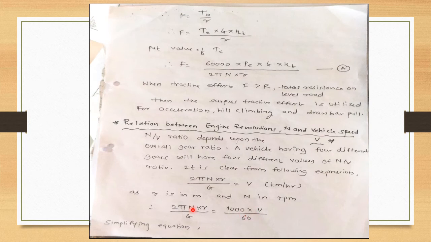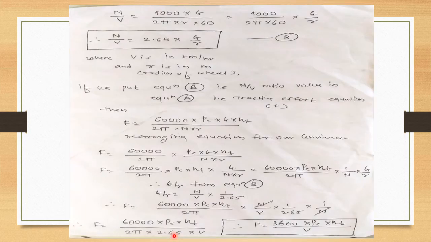On this side it is meter and minute, and here also meter and minute. Simplifying, this is our equation: N upon V is equal to 1000 into G divided by twice pi R into 60, so is equal to 1000 divided by twice pi into 60, into G by R.